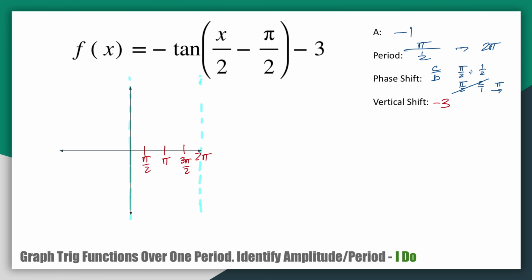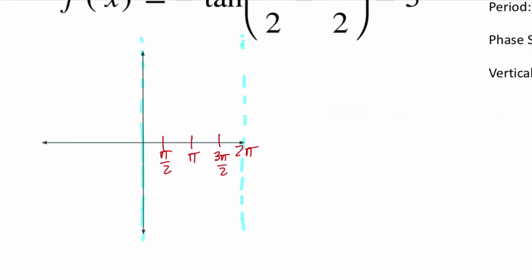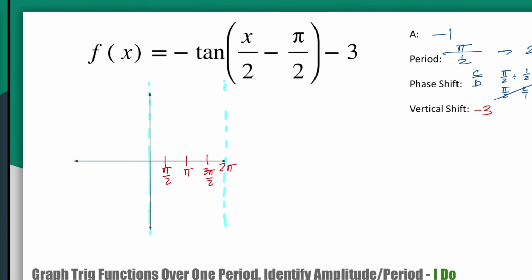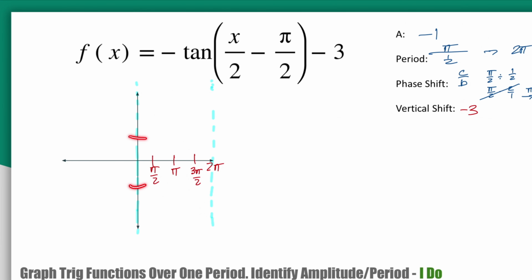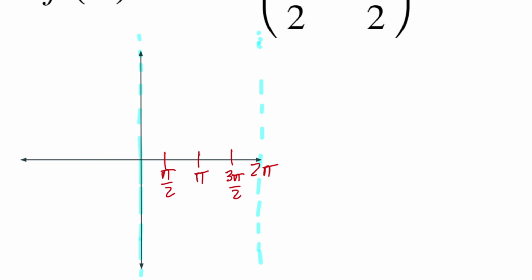Now, we're going to graph what we have, and then we're going to worry about this vertical shift. Of course, the ones we've been doing before, right, we go based off that amplitude number, which the real number is just 1. In fact, I should have just written this as 1. We don't include the negative. The negative is for the reflection, but the a value is still technically just 1. I know that gets confusing.